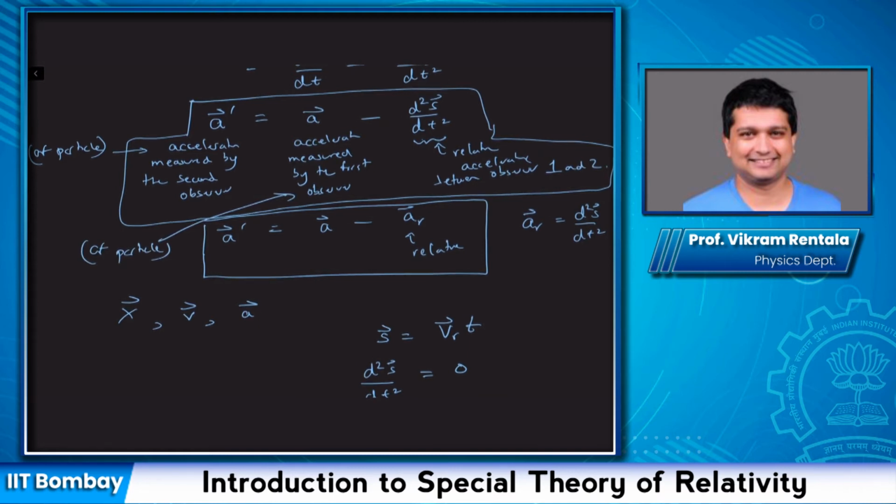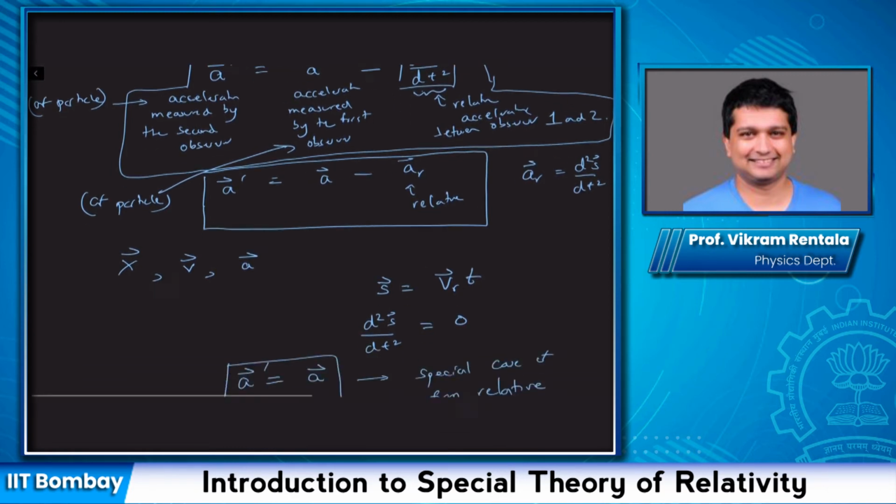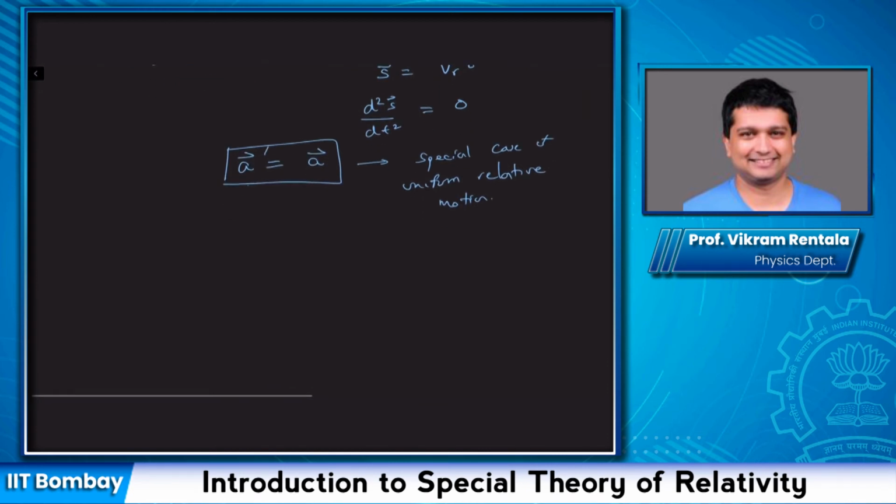And the key thing that does the translation between these two dictionaries is the relative acceleration between the two different observers. In the special case of uniform relative motion, that relative acceleration is zero, and the acceleration of any particle as measured by the second observer is exactly the same as the acceleration as measured by the first observer.